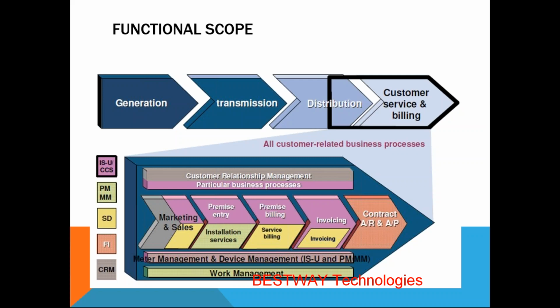Let's say, for example, you go to a company that provides electricity, water and gas. I mean, in India we don't have that provision, but let's assume one company is providing three services: electricity, water and gas.